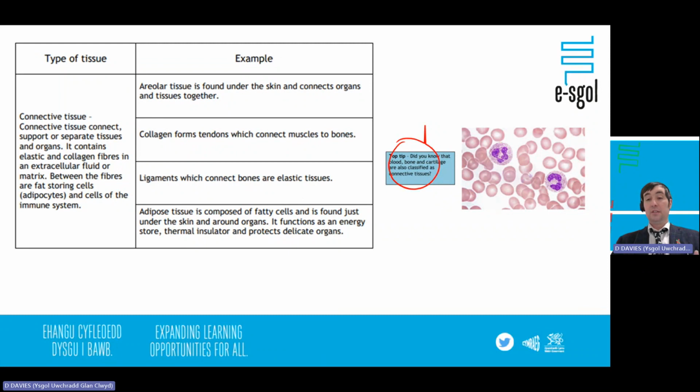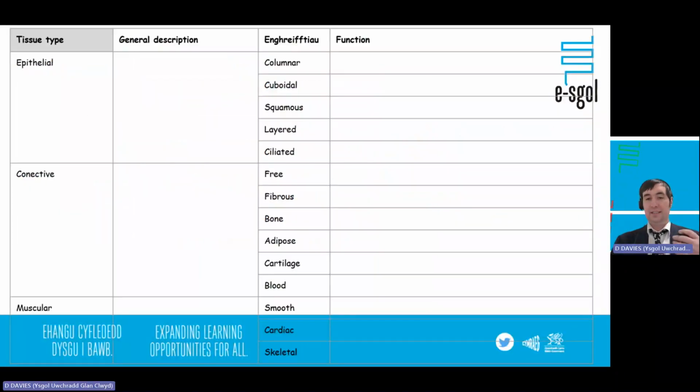So again, there's lots of information here. A sensible thing to do is to summarize it all into one table. For the different types of tissues, you need a definition of what tissue is, you need to know what epithelial tissue is, so a general description, and then the jobs that these do. Same for connective and same for muscular.